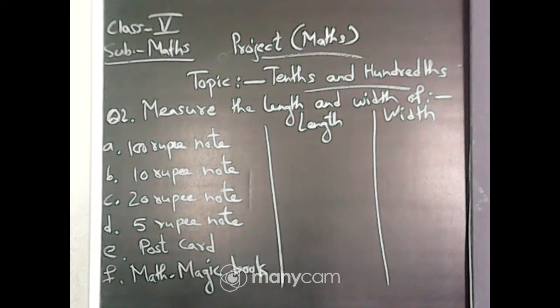Similarly in B, you will write 10 rupee note, then length and width in the columns. This way you will do all 6 options. Postcard you can take from your elder brother, if you have any.